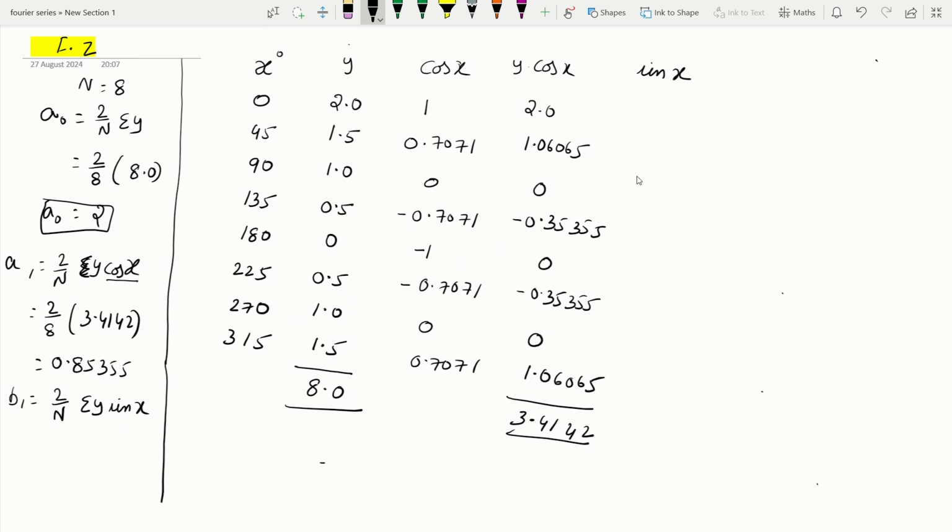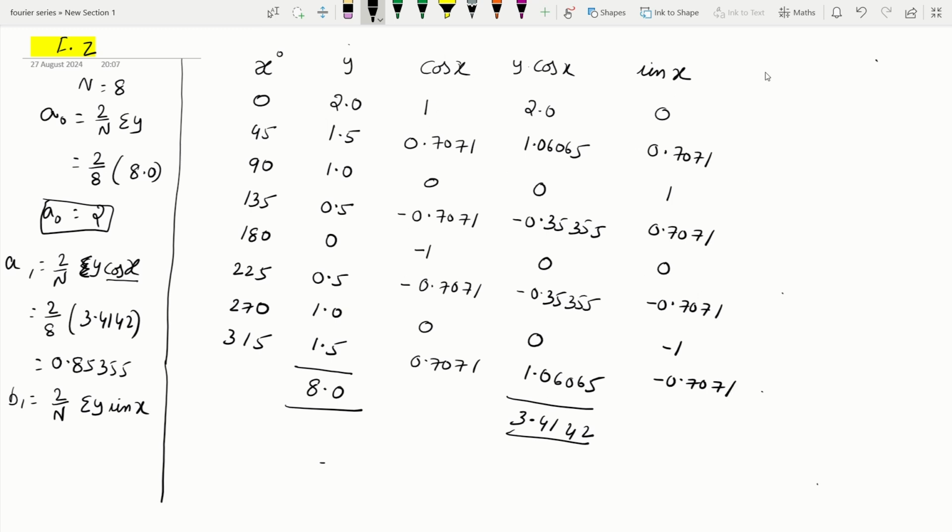Sin 0 is 0. Sin 45 degrees is 0.7071, sin 90 is 1, sin 135 is 0.7071. Sin 180, we know sin n pi is 0. Then sin 225 is minus 0.7071. Sin 270 is minus 1, sin 315 is minus 0.7071.